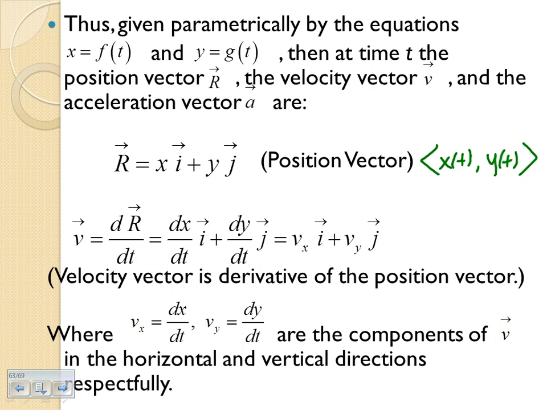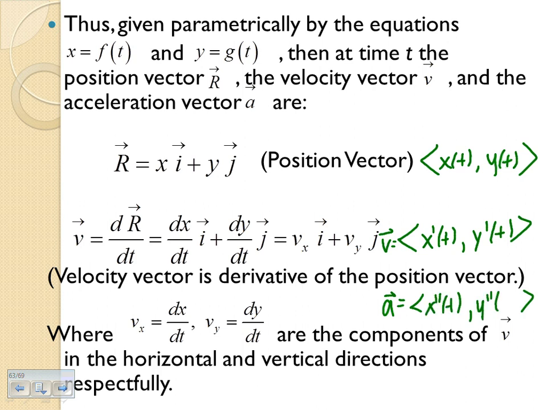To get to the velocity vector, what would I have to do? Very basic. Take the derivative. X prime of t, y prime of t. There's your velocity vector. What's your acceleration vector? X double prime of t, y double prime of t. It's that easy. Don't try to make it any more complicated.